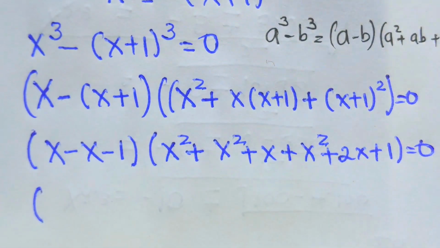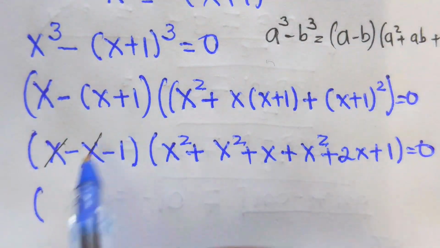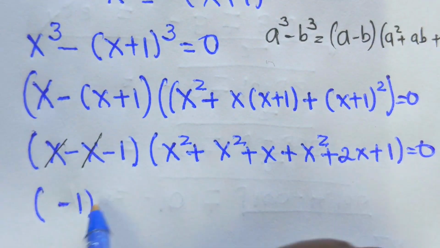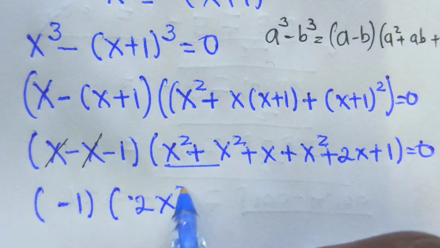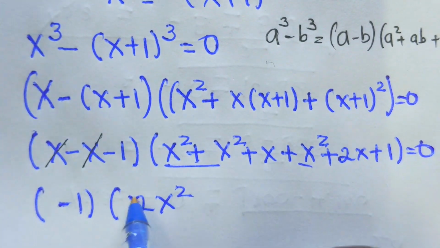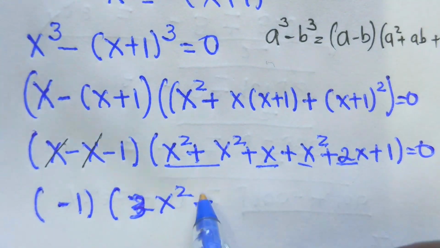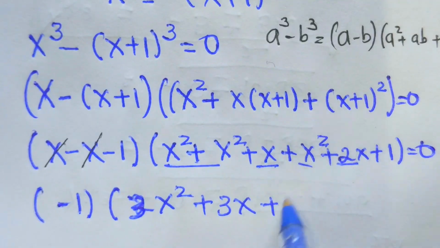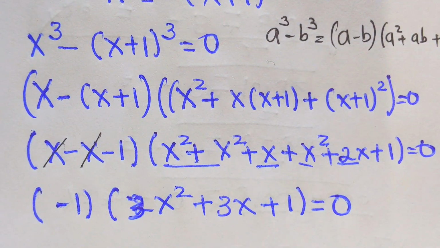And of course this x cancels to get -1, then times 3x^2 plus 3x plus 1 equals 0.